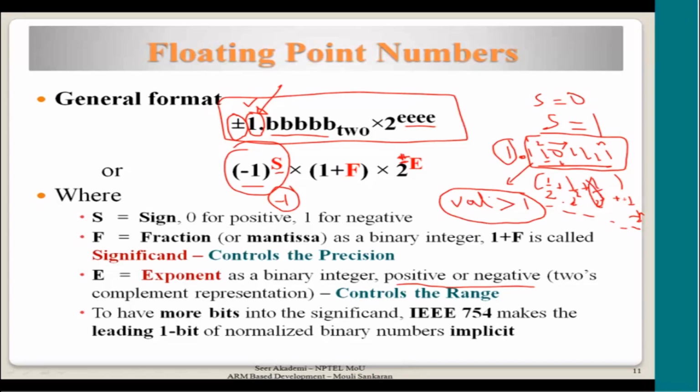Because it's all smaller numbers. Even if I add all the smaller numbers, it may tend towards 1, the limit of val tending to 1, but it will never become 1. It will be a fractional part. That is very important to keep in mind.